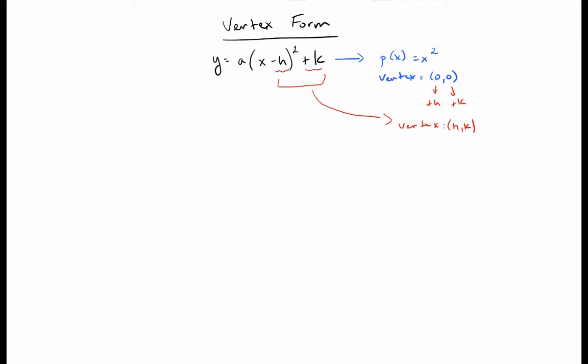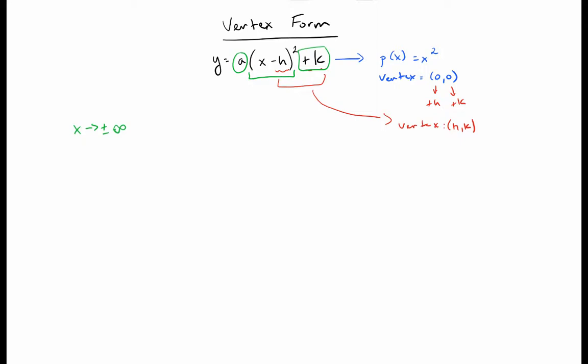Now, one of the most important things that we're going to work with in this particular function is this a value here. And to really get at the a value, let's talk about the fact that as x approaches infinity or negative infinity, so as x gets really big or really negative, this k value here shouldn't really matter because, again, k is a constant, so it's going to stay at a certain level.